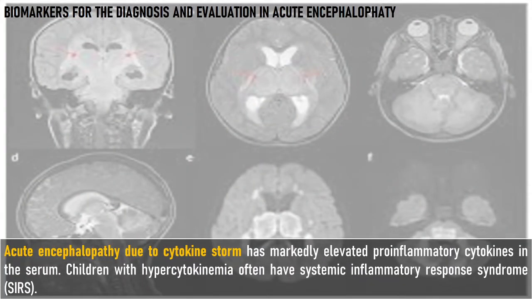Acute encephalopathy due to cytokine storm has markedly elevated pro-inflammatory cytokines in the serum. Children with hypercytokinemia often have systemic inflammatory response syndrome, or SIRS.